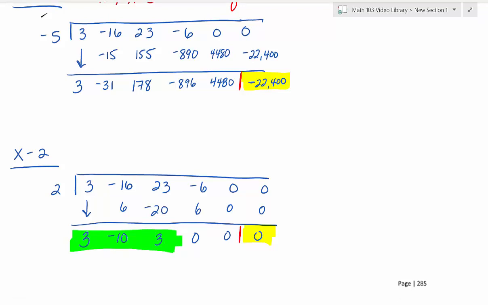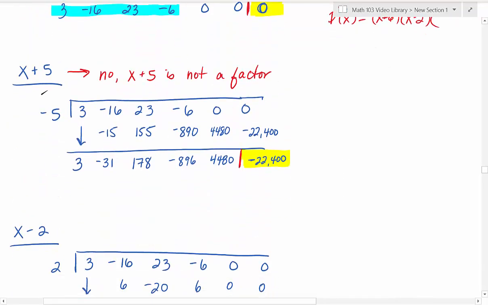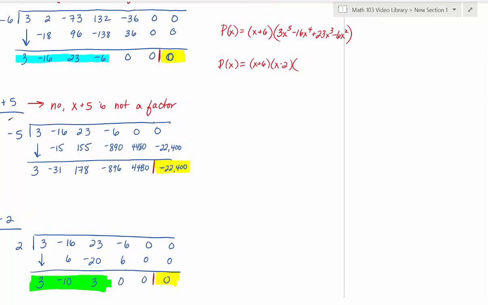We divided a 5th degree by a 1st degree, so the degree of this quotient is going to be 4th degree. 3x to the 4th minus 10x to the 3rd plus 3x squared.